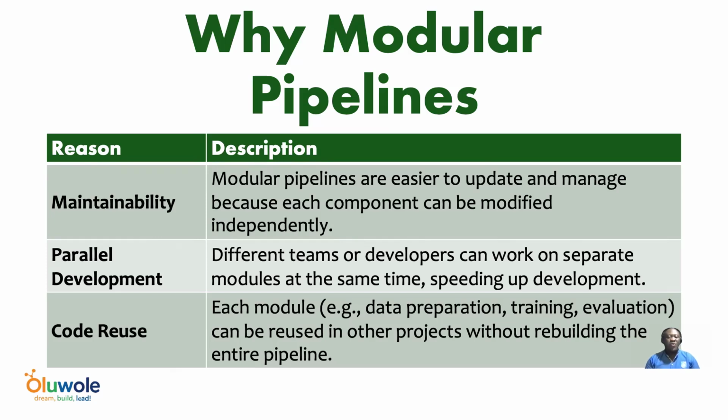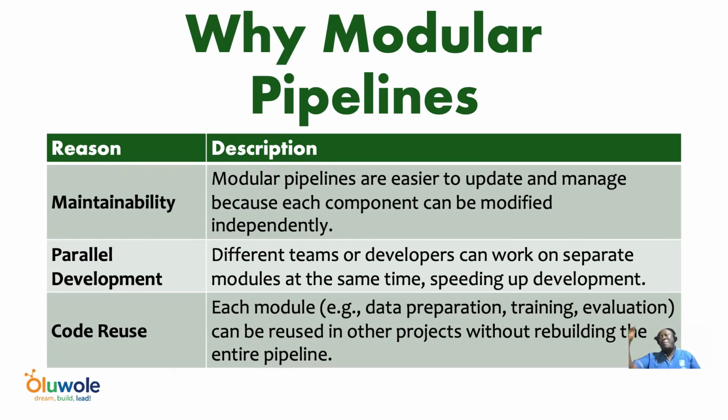Then you can use code reuse. Say we want to build a new system, and we realize that some of the components we need are in the old system. We just go there, pick them and put them in. We don't need somebody to start developing those parts again. They can be used in other projects without rebuilding the entire pipeline.